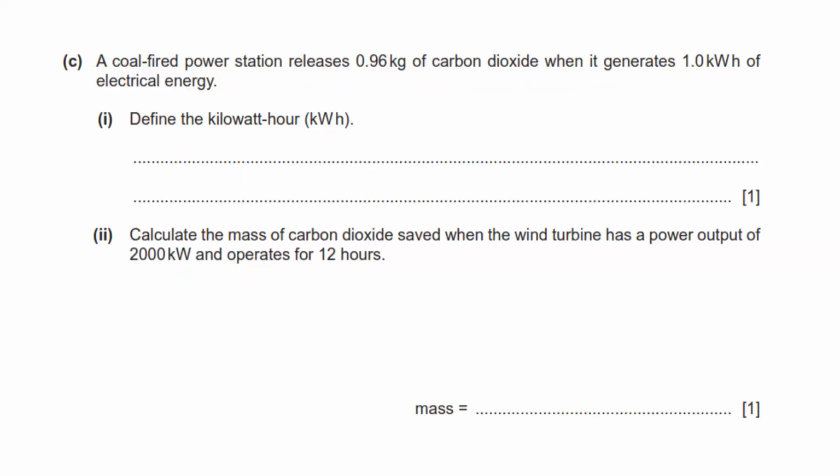So moving ahead, part C, it says a coal-powered power station releases 0.96 kg of carbon dioxide when it generates 1 kilowatt hour of electrical energy. Define kilowatt hour.